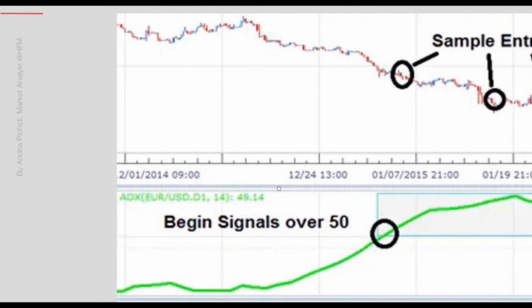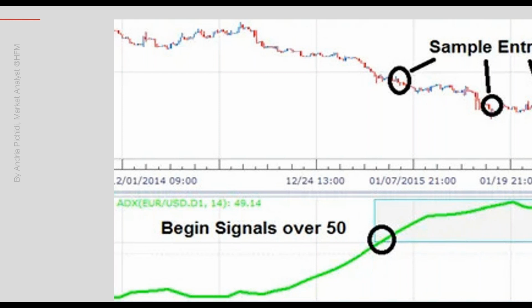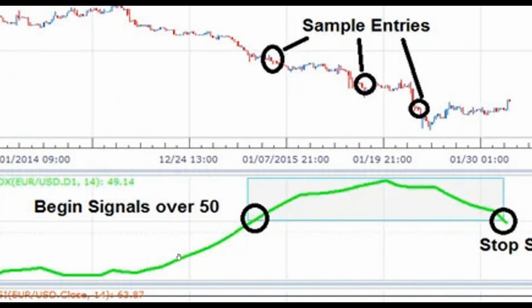Shall we participate in the trend? Let's see. So we have a downtrend. Now, ADX was a bit flat and started rising. Where is it placed? It should be somewhere around 20, but it's rising.